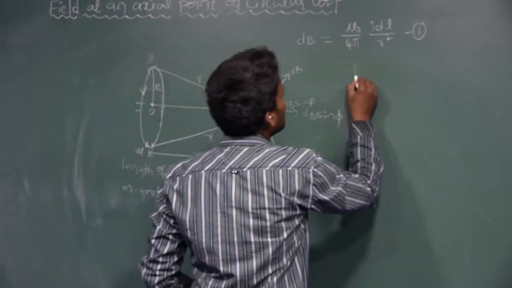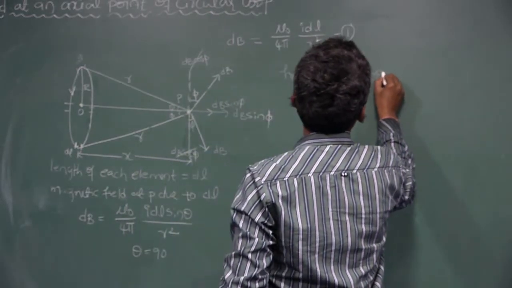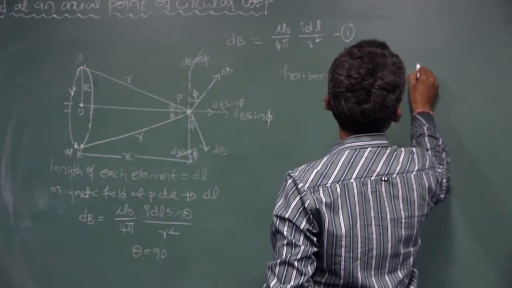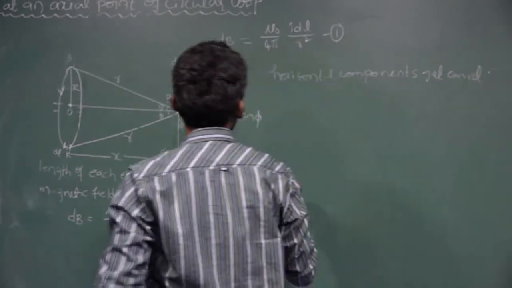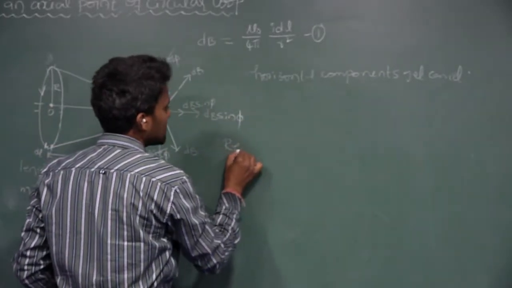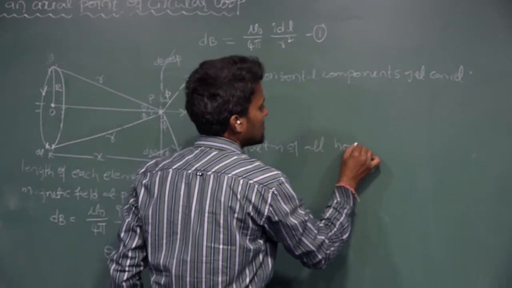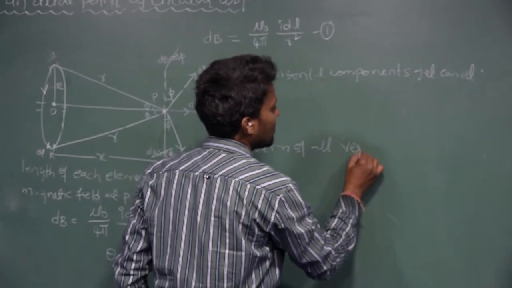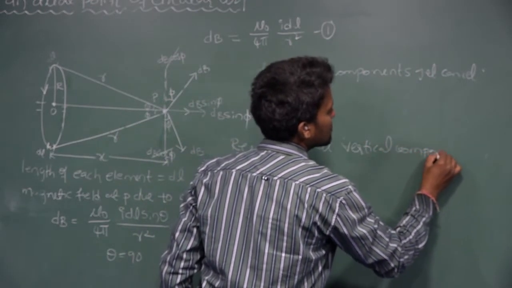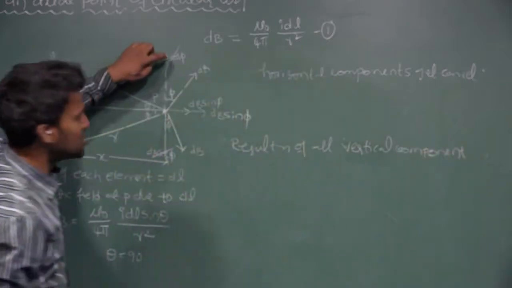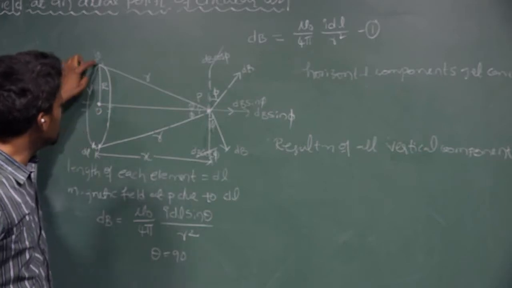So the components get cancelled, and the resultant of all the components remains.